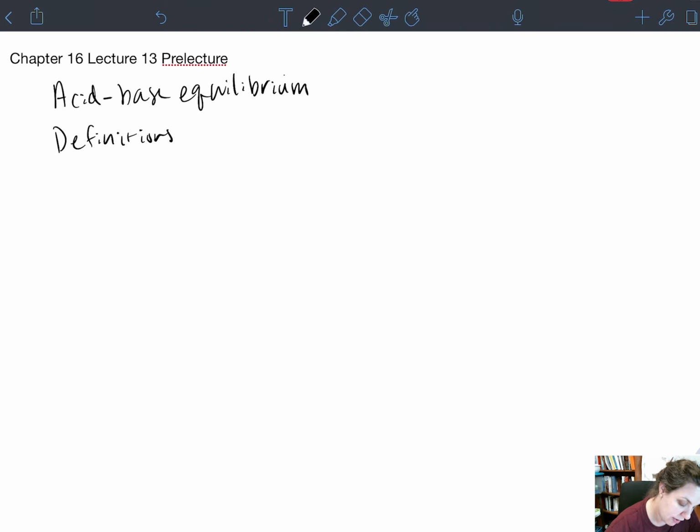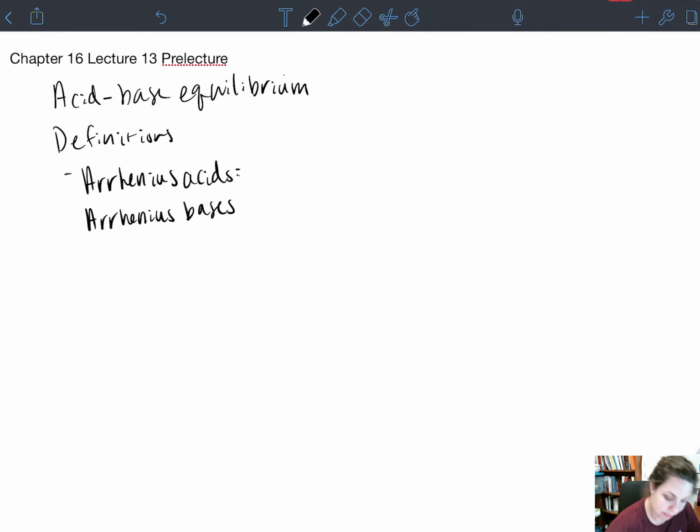So we have a couple different ways of defining acids and bases. Our first one are Arrhenius acids and Arrhenius bases. So the definition was determined by Svante Arrhenius.